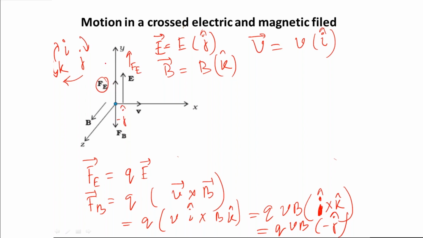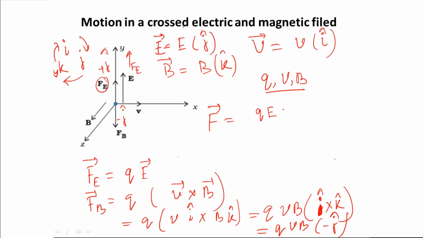Now, what is the total force? I'll write the total force: it is Q into E J cap, minus QVB, again J cap with the minus sign.